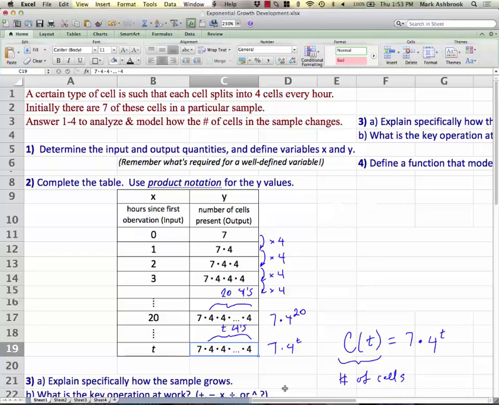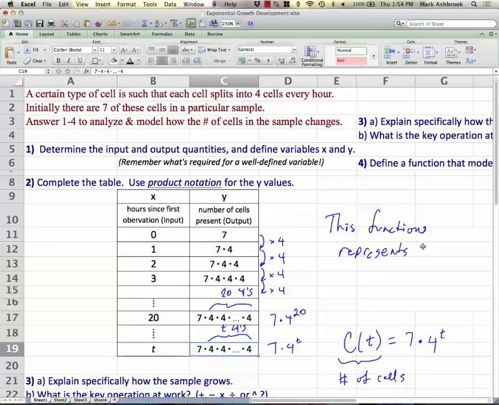So, tell the person next to you. In this growth, we're multiplying what by 4 to get what? Ready?